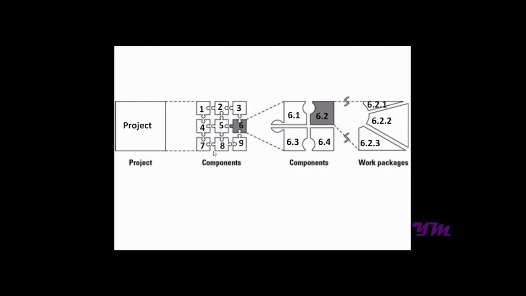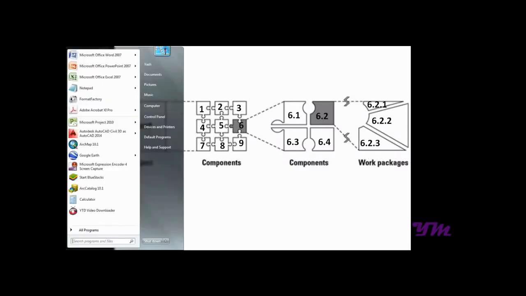So if the project is defined and named as project having components 1, 2, 3, 4, 5, 6, 7, 8 and 9, and if you look further, the component 6 has 4 subcomponents, 6.1, 6.2, 6.3 and 6.4, and this component 6.2 is divided into 3 work packages, 6.2.1, 6.2.2, 6.2.3. So this is basically the structure of WBS, that is work breakdown structure.